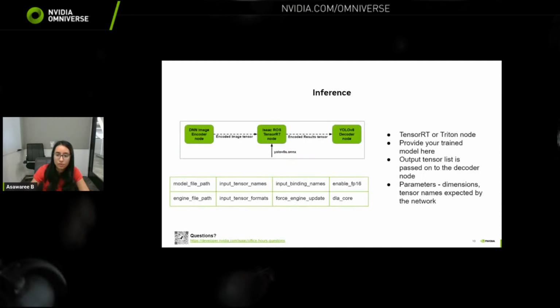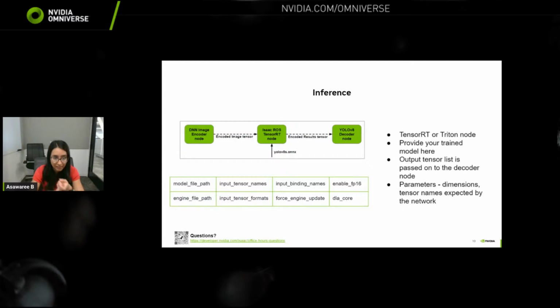Okay, moving on to the inference part of the pipeline. So this is kind of like the brain, or where the actual inference is happening from image to tensor output or object detection tensors. Isaac ROS particularly provides two Nitros accelerated nodes for inference, and one of them is called the TensorRT node.